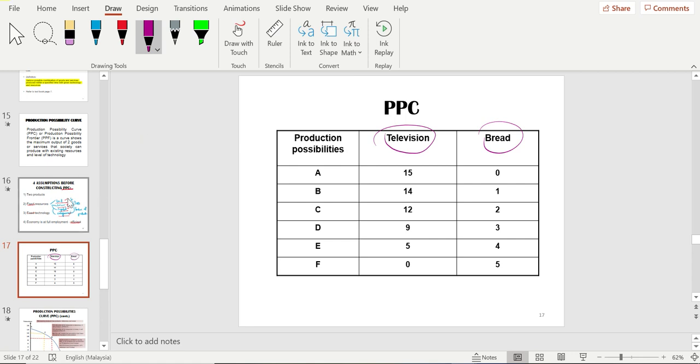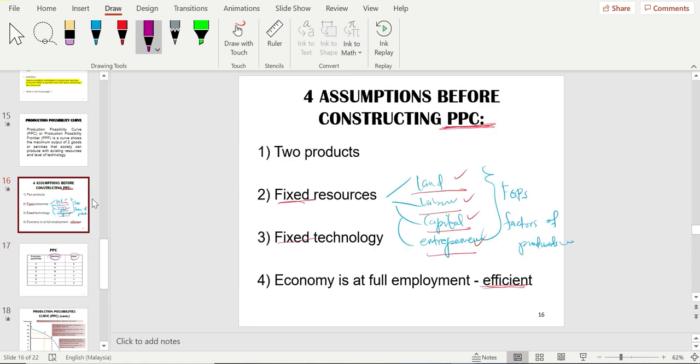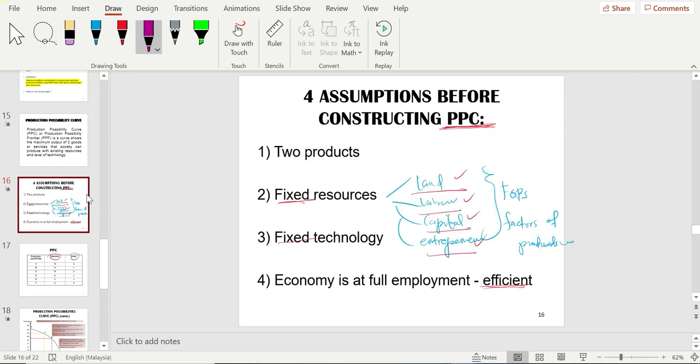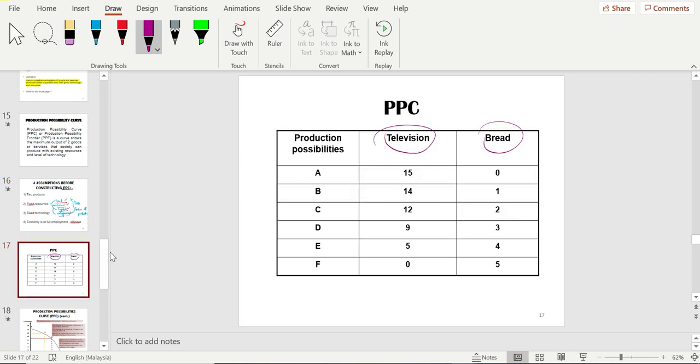Now, tadi kan the first assumption said they will produce two product. So in this case, they will produce two product. Alright, and all the other assumption here adalah fulfilled. They have fixed resources, they have fixed technology, and they are operating at full employment.